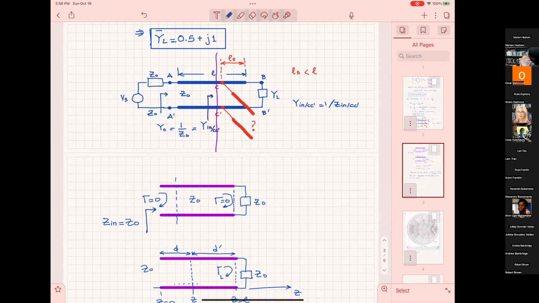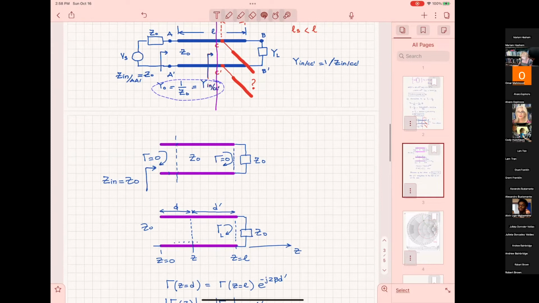So in fact, I can write here that Z in at A prime, if this equals Z naught, or this one is equivalent to this one, because there is nothing on the line in between the two, and the reflection coefficient is going to be 0 everywhere.